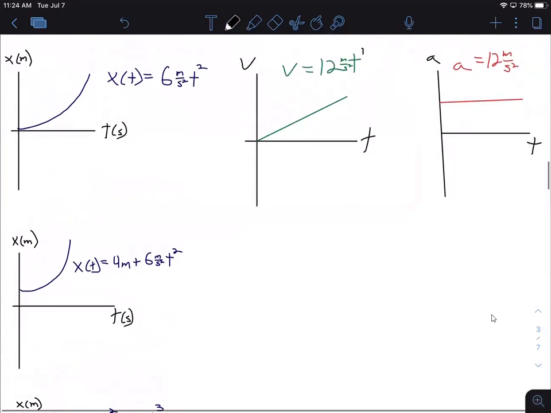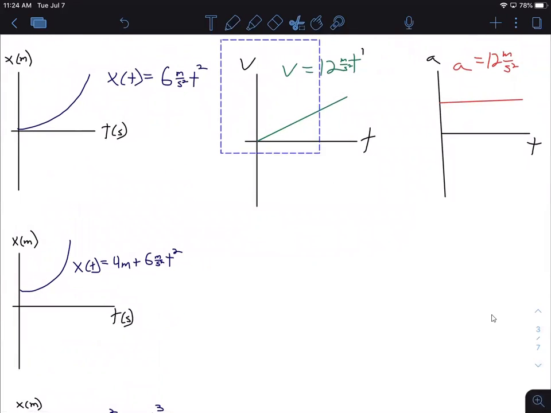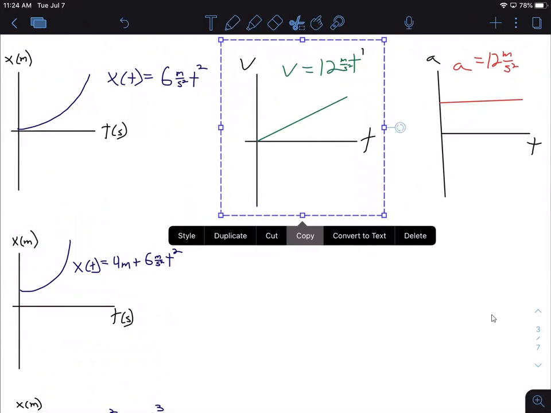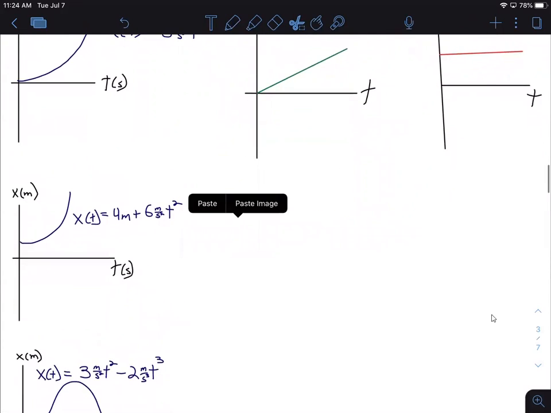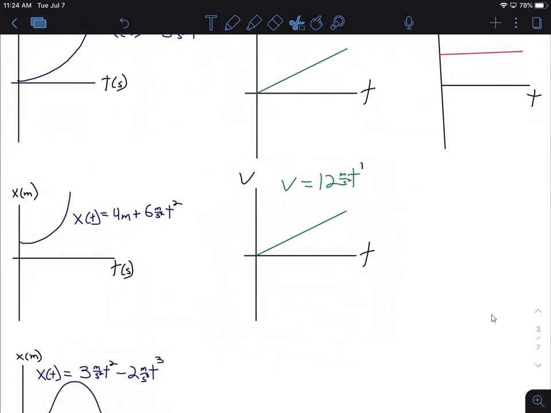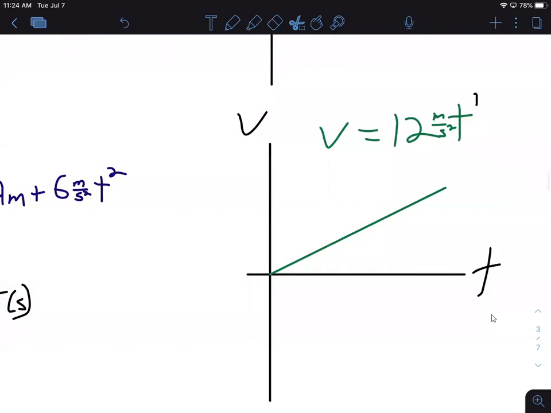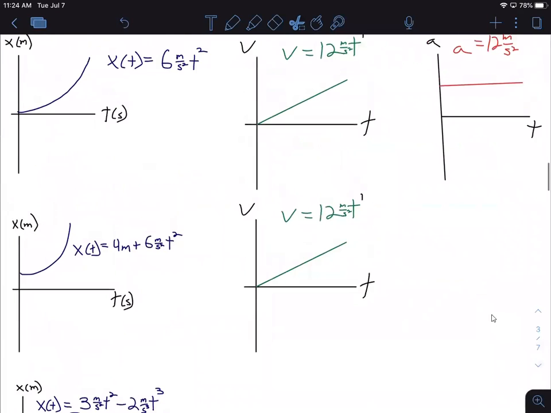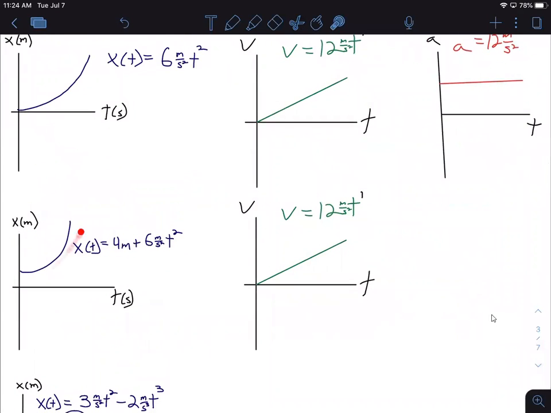And it's going to turn out, I'm just going to copy this down here. And if you did this and got the exact same thing, you'd be right. Because as we know, when we're looking at the slope, it doesn't matter where my starting location was.